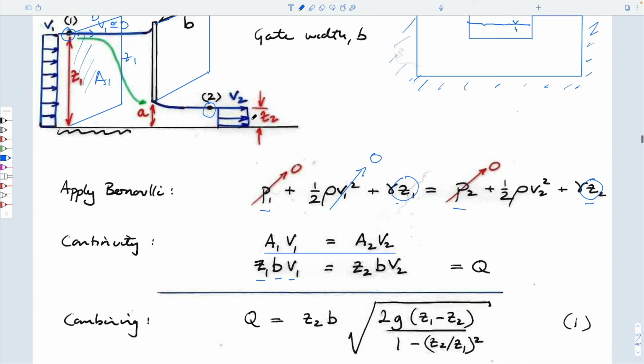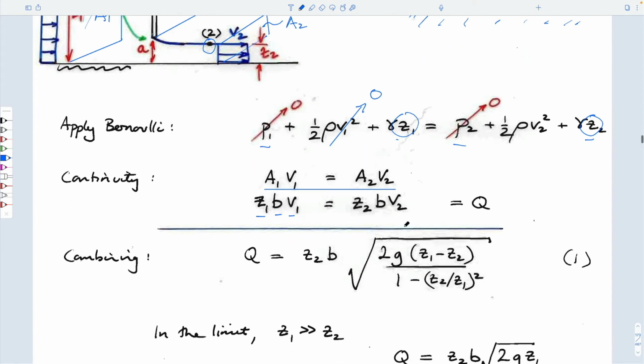And downstream is exactly the same, as you can appreciate. And so we have continuity. We know that the product of these, area times velocity, is meters cubed per second.